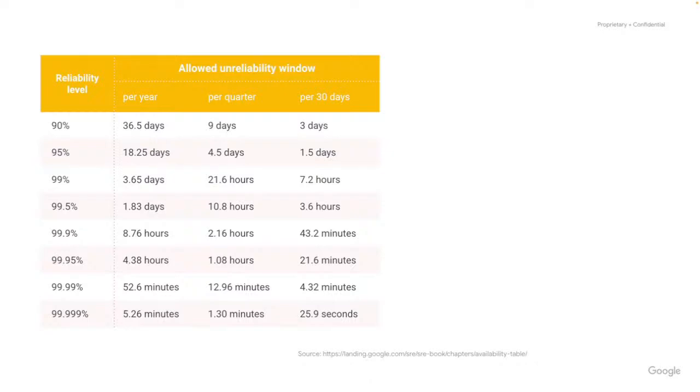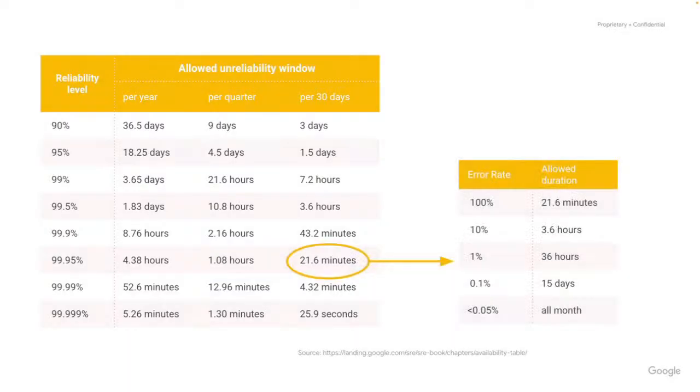So you can see here that there is a window that is calculated per year and per quarter and per day. And from there, you can calculate your allowed downtime per percentage, okay? And also you can calculate from there the budget that the SRE team will be using for making tomorrow better, for automation and innovating things, okay?